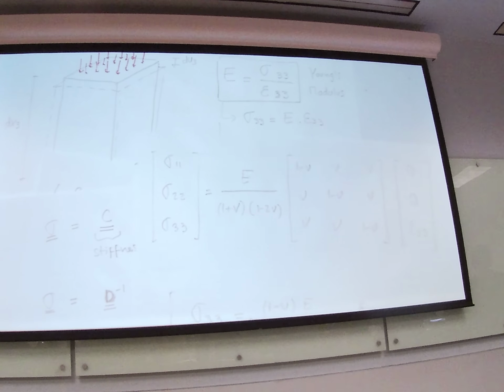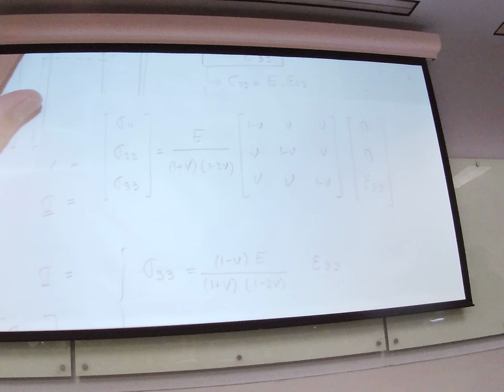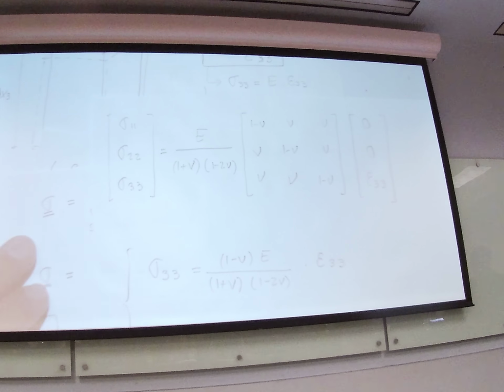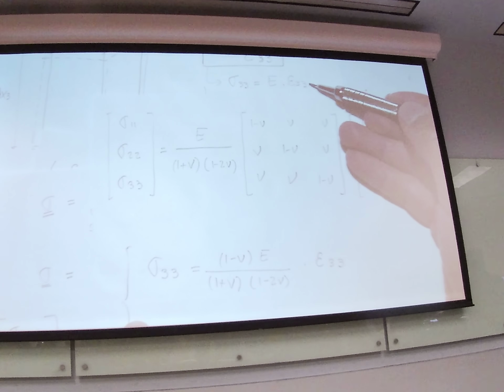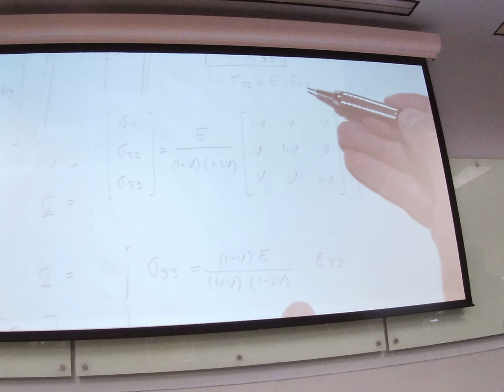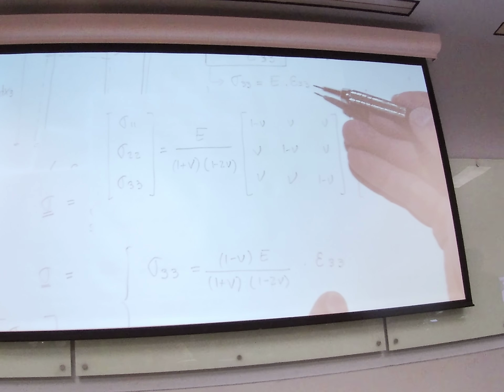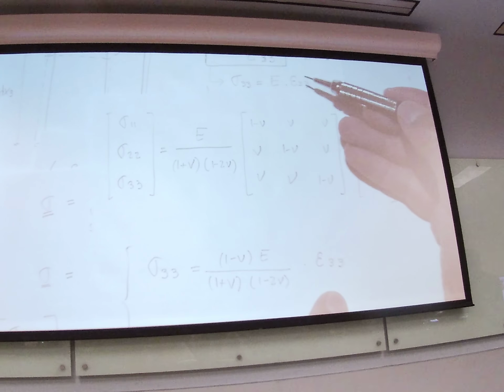So let me put those two together. I have an equation that tells me what is stress as a function of strain, and I have another one, different, that tells me what is stress as a function of strain. What is the difference between these two? One is the coefficient. Exactly right.